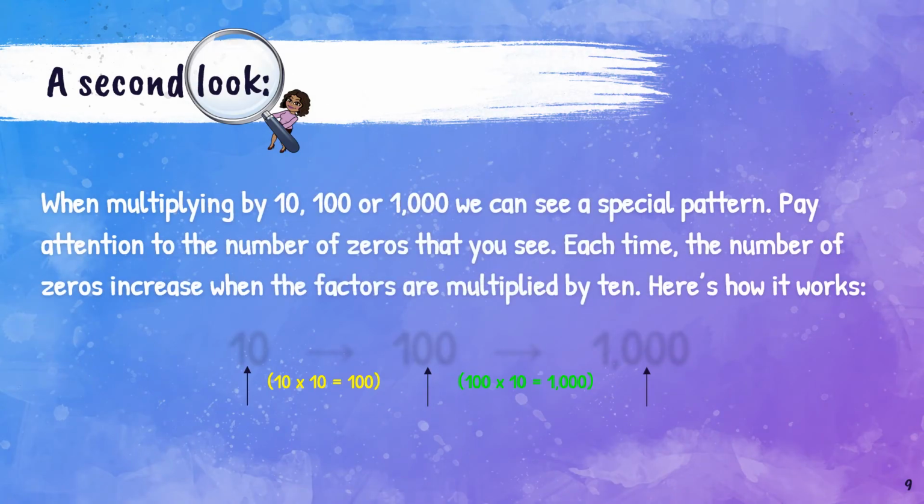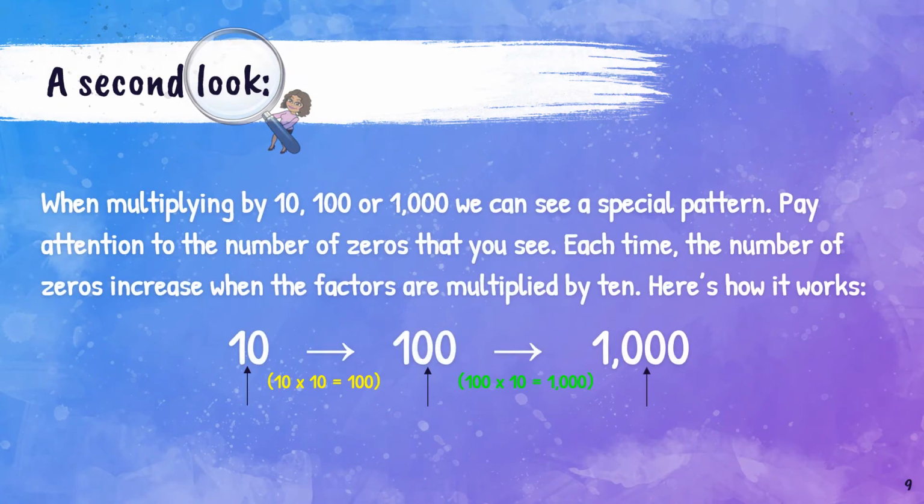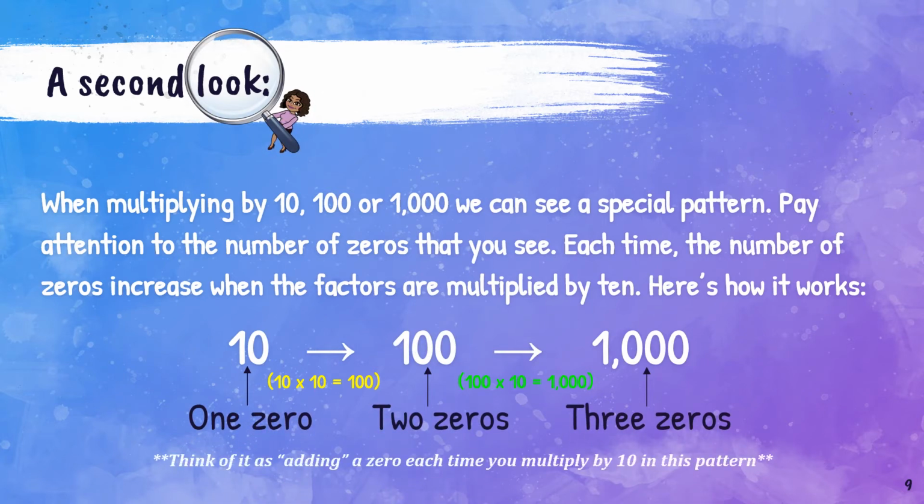Let's take a second look. When multiplying by 10, 100, or 1000, we can see a special pattern. Pay attention to the number of zeros that you see. Each time, the number of zeros increases when the factors are multiplied by 10. Here's how it works. 10, which has 1 zero, becomes 100, which has 2 zeros, which then becomes 1000, which has 3 zeros.